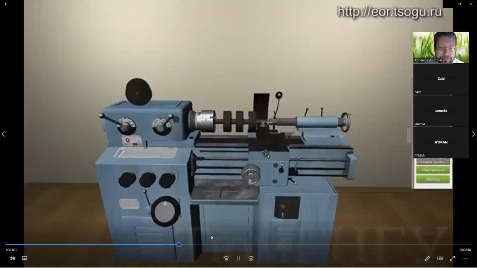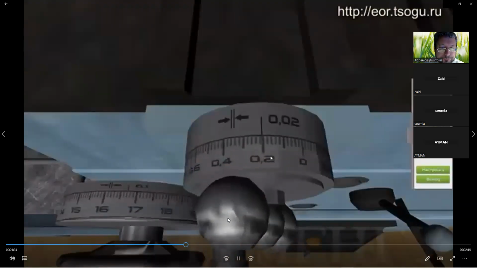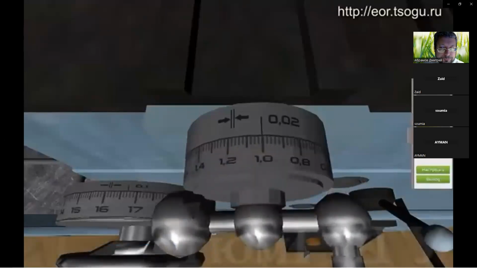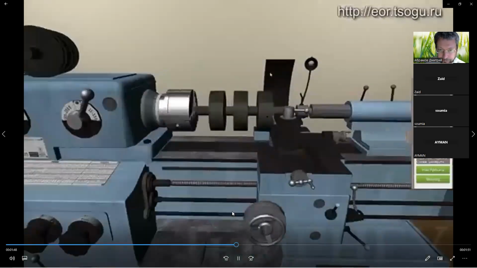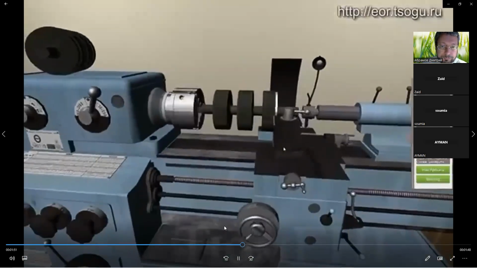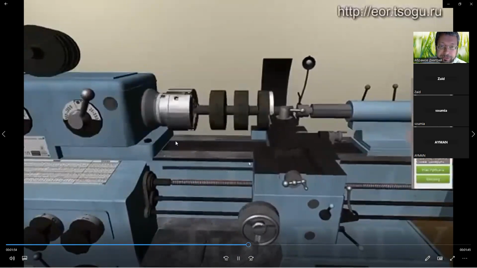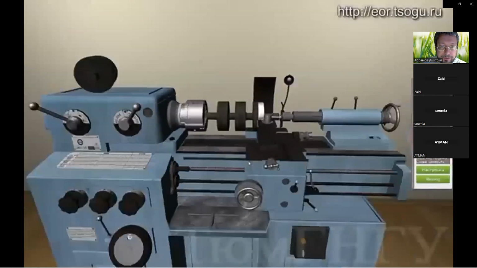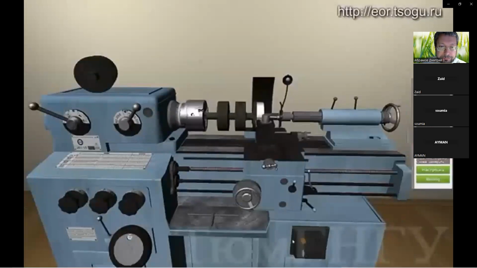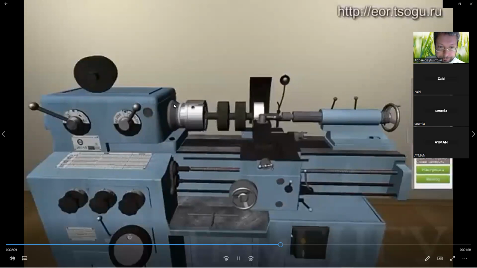We use the cutting tool. The workpiece starts rotating, and cutting is in progress.